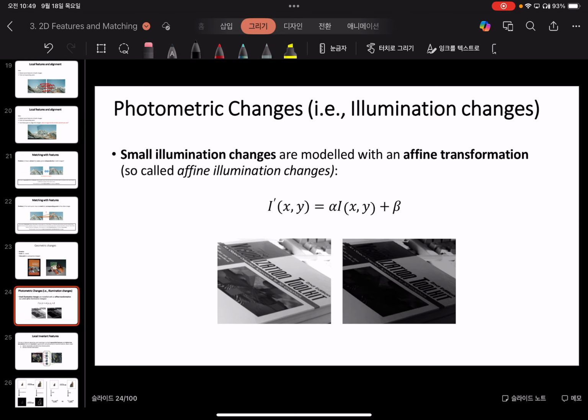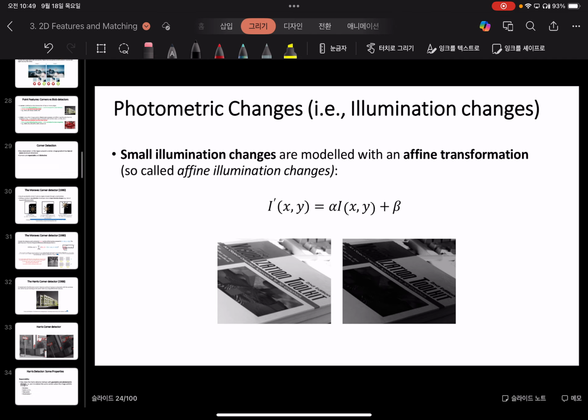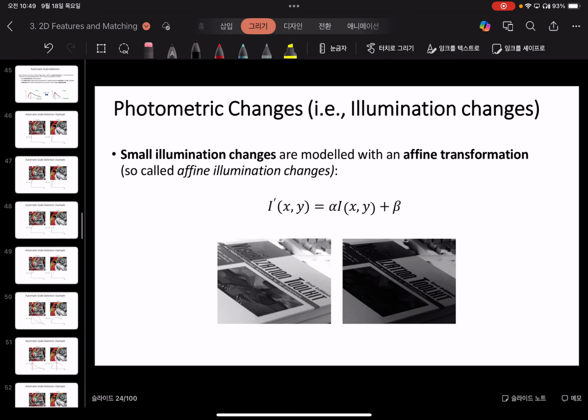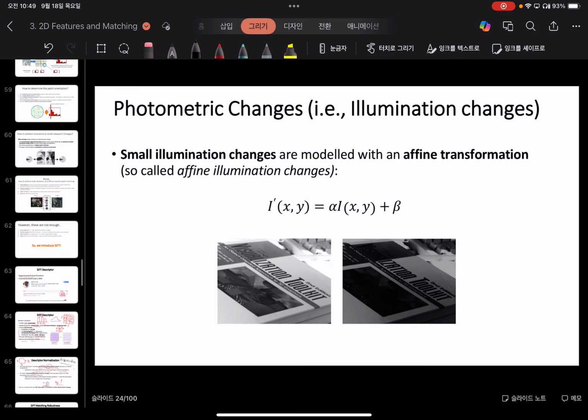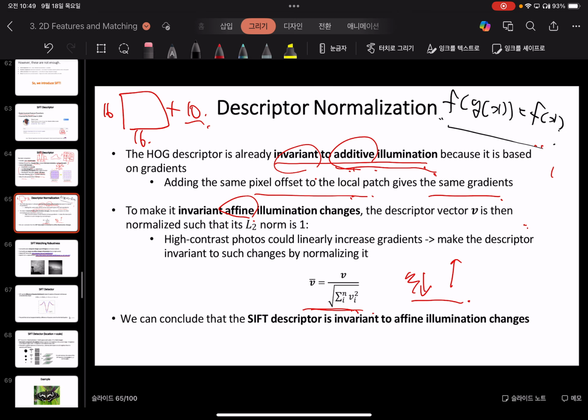Yes, here. So this is the affine transformation of illumination, alpha times image plus beta. There were affine illumination changes, and then let's get back to this slide.